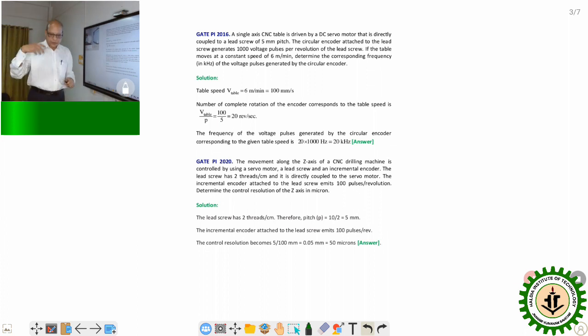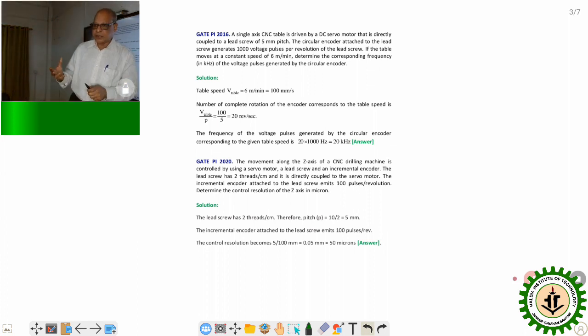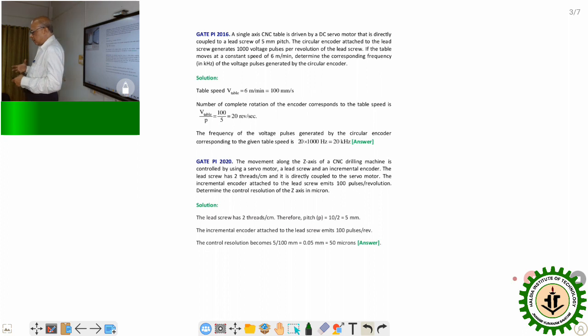The purpose of installing the circular encoder is to monitor or measure the positional displacement, and it will send the equivalent pulses as a part of signal, which will be compared to the reference values in the comparator, and accordingly the next command will come, so that eventually the tool or the table reaches the target destination point.